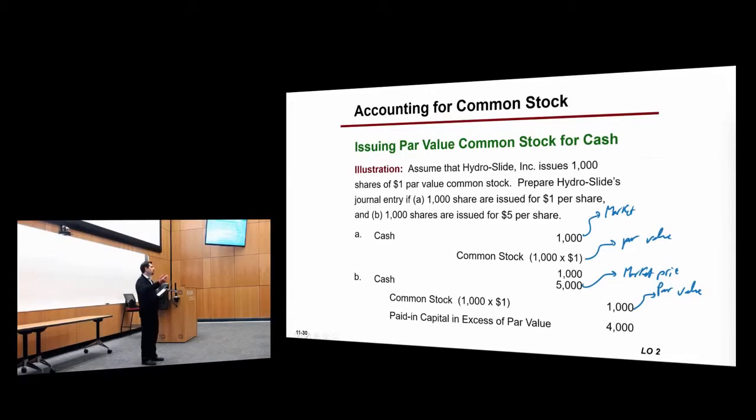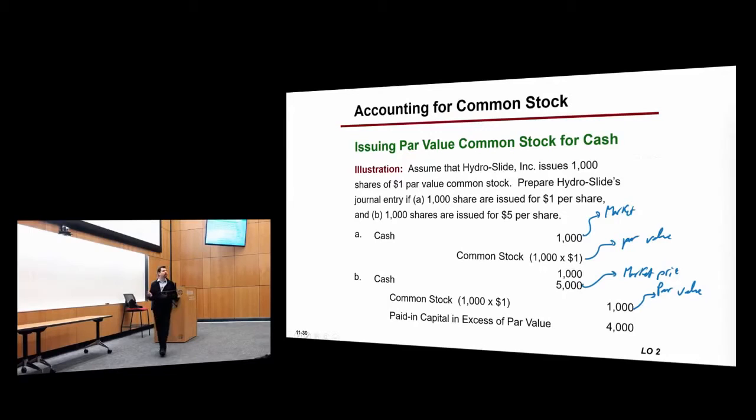Anything extra will go to paid-in capital in excess of par value. Sometimes they call it premium on stock. Basically, the investors, in order to buy that share, will have to pay a premium to buy it.